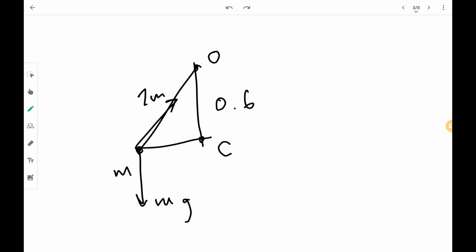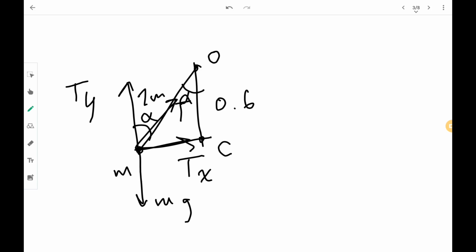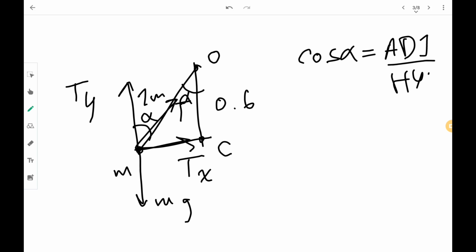So we can resolve the tension first. This is the tension along the y, and this is tension along x. You also have this alpha, which is the same as this one, and here you need cosine alpha. Cosine alpha is adjacent over hypotenuse, which is 0.6 over 1.